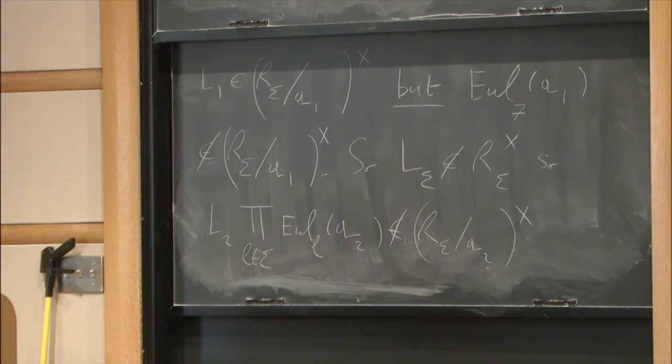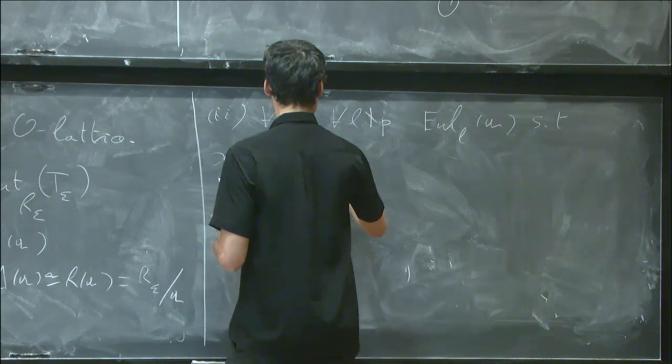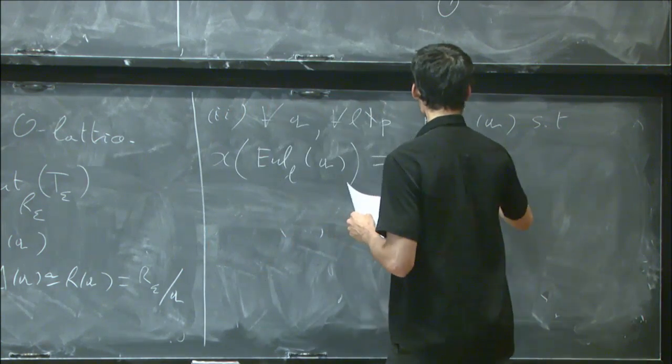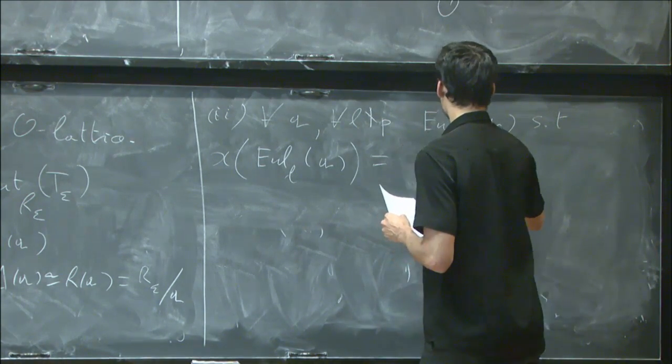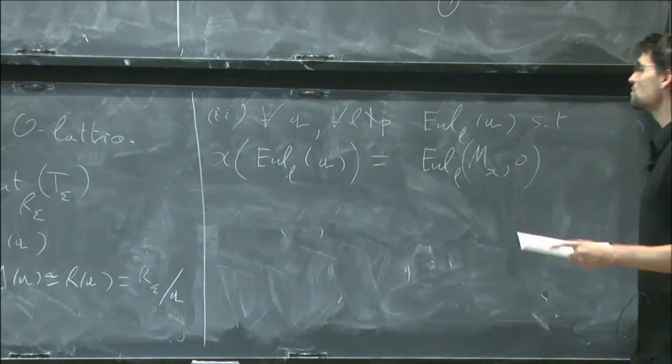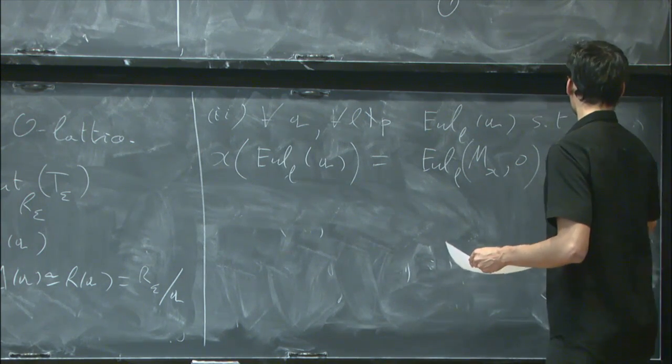So for all A and for all l, maybe different from p, I need some Euler factor at A such that if I specialize at a point x, and if this point is attached to a motive, then I can compute the Euler factor of its motive, and I want them to be the same if x is motivic.